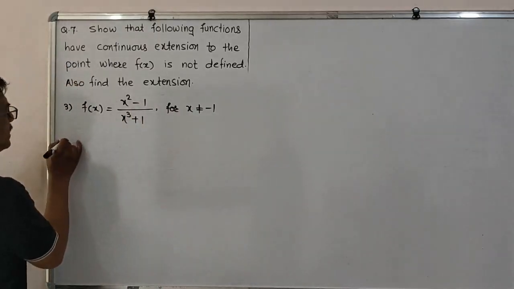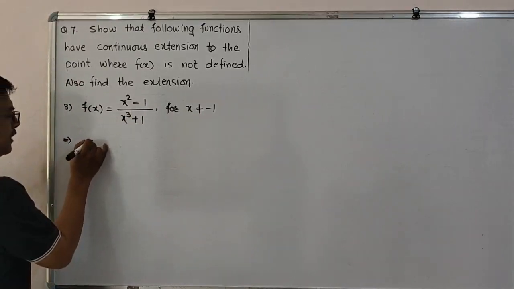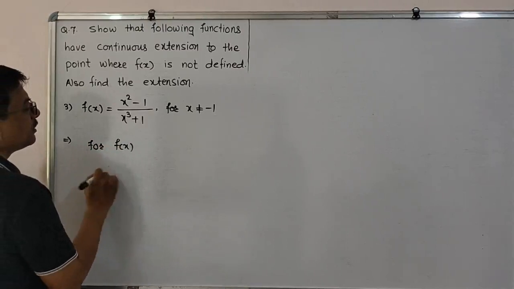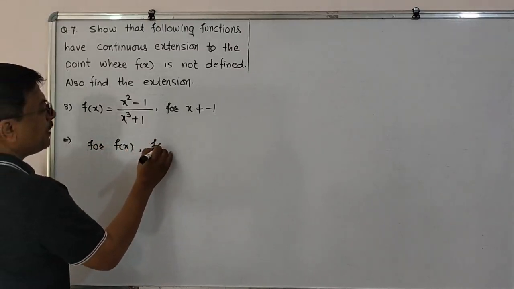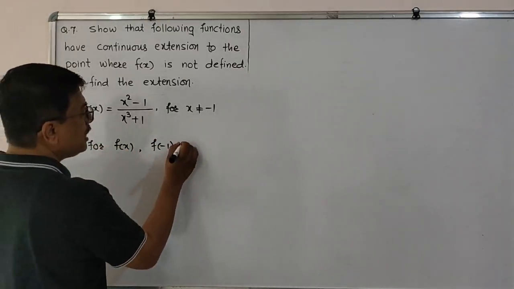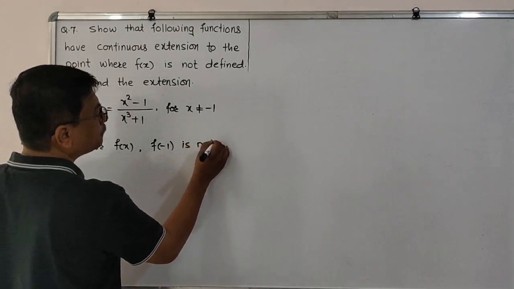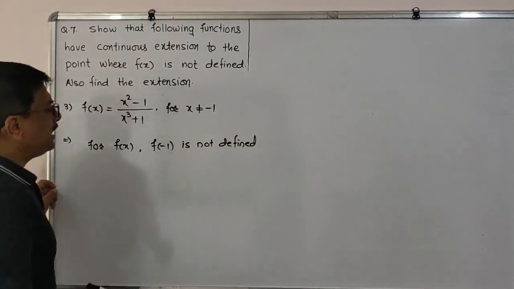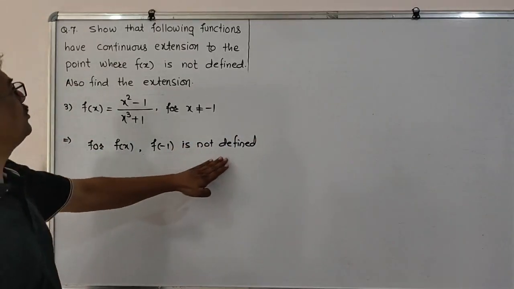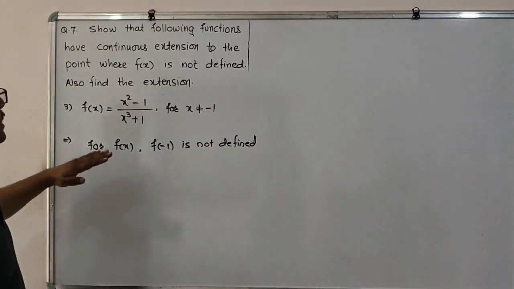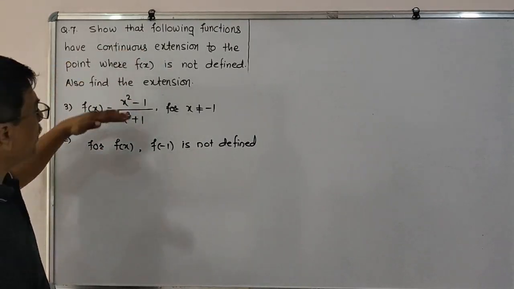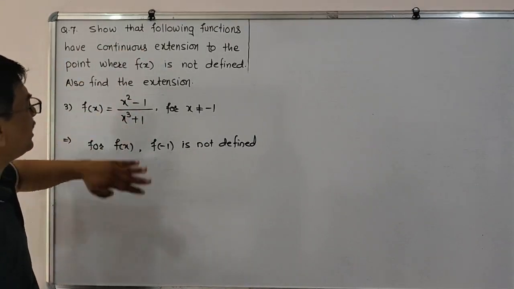Means here we can say that for this function, f of minus 1 is not defined. And if f of minus 1 is not defined, here we can say that we have to find the extension of this function to make this function continuous.